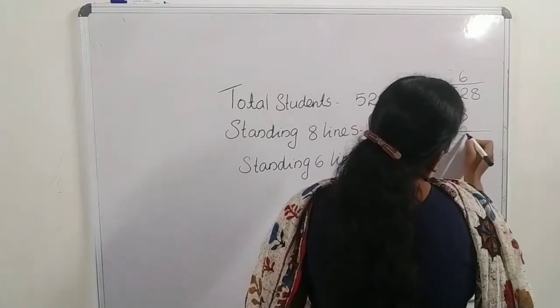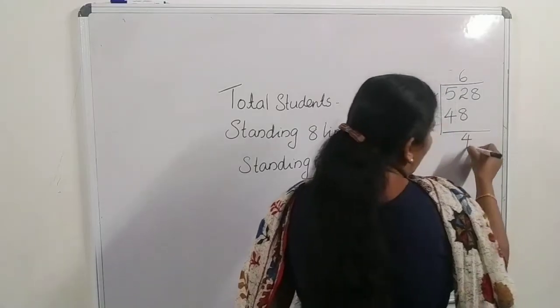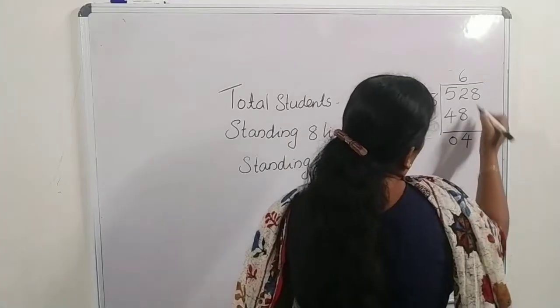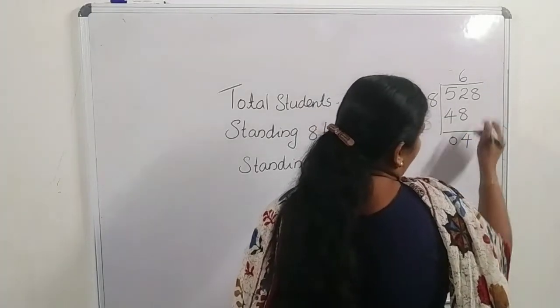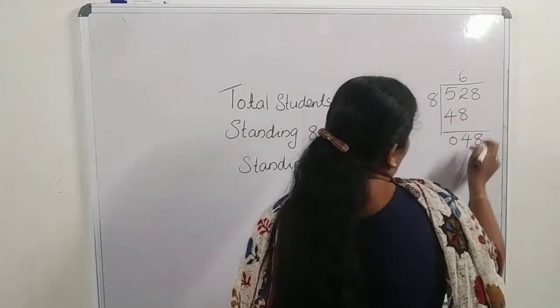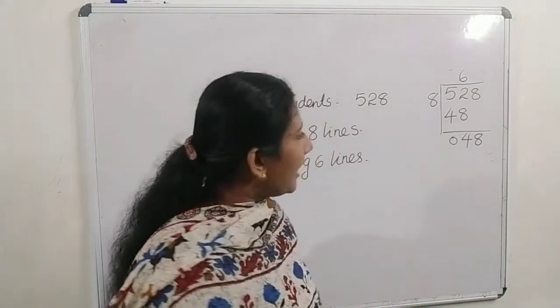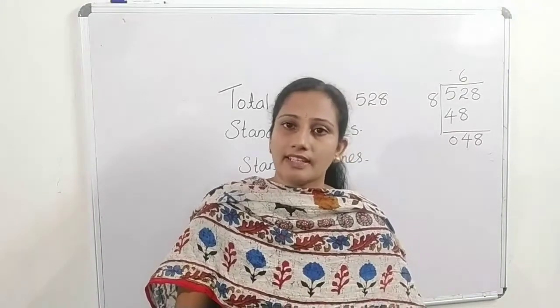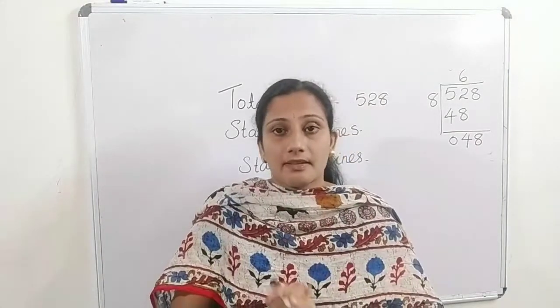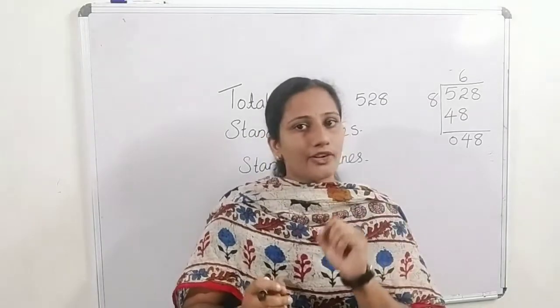What is the answer? That is 4. Then 4 is smaller than 8, so bring down this 8. Then 48. In the table of 8, how many times 48? 6 times. 6 8s are 48.